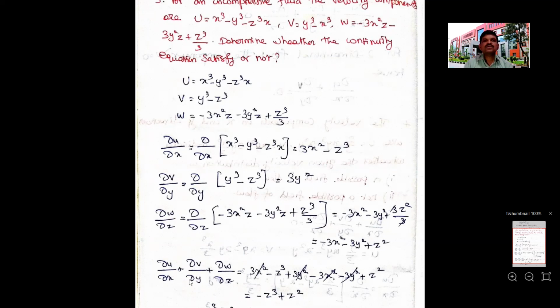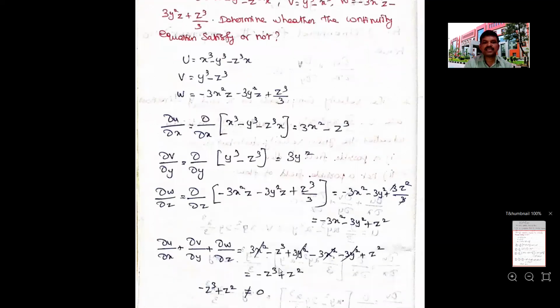Now the summation of all the three terms: ∂u/∂x plus ∂v/∂y plus ∂w/∂z. Substitute all the terms and sum up. Here 3x² is there, and here minus 3x² is there, so they get cancelled. Here plus 3y² is there, and here minus 3y² is there, so they get cancelled.